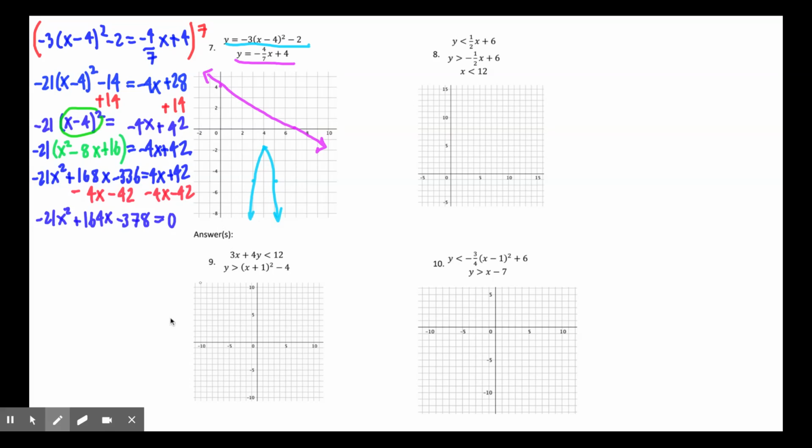Turns out they do not intersect. So the answer is no solution.